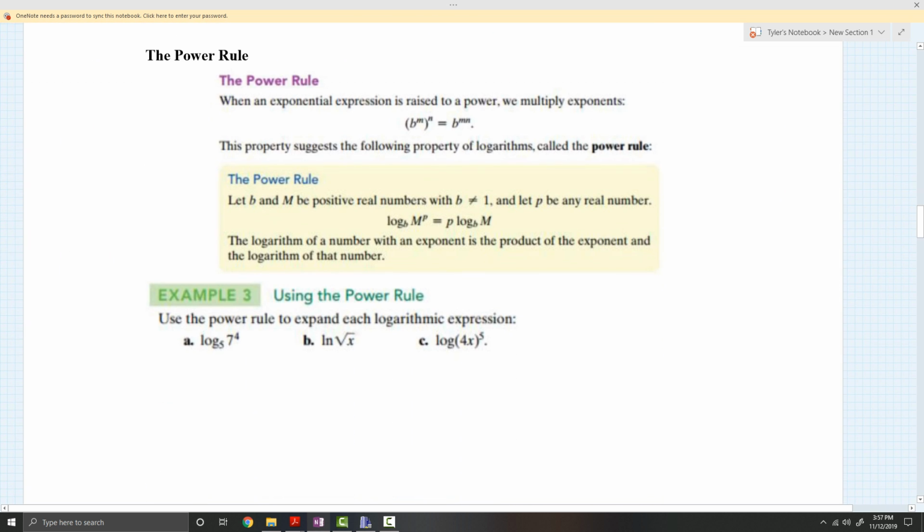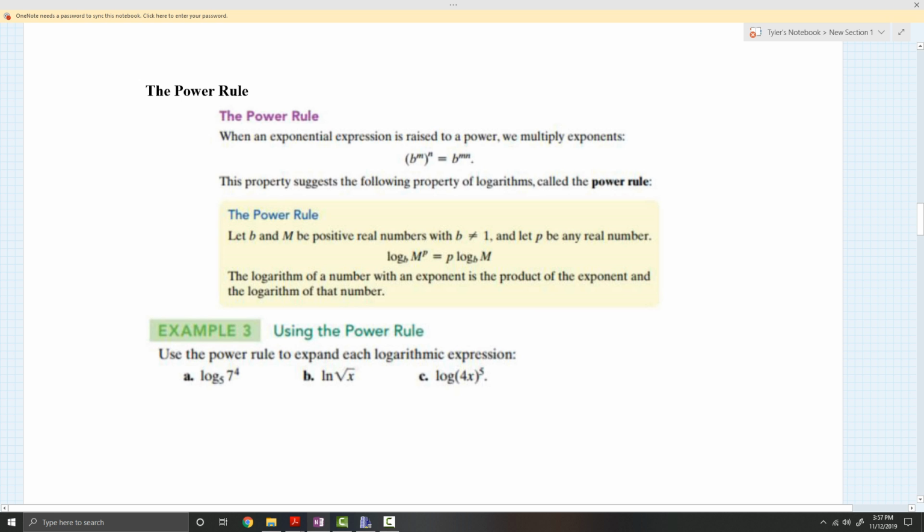All right. Then we want to look at another rule, the power rule. This is a rule that we definitely use a lot, so I would definitely understand the power rule for logarithms. Here, like you would guess, is a review of what we mean exponentially.